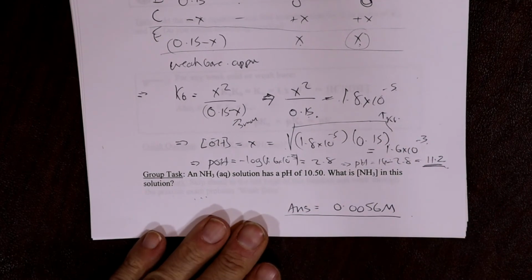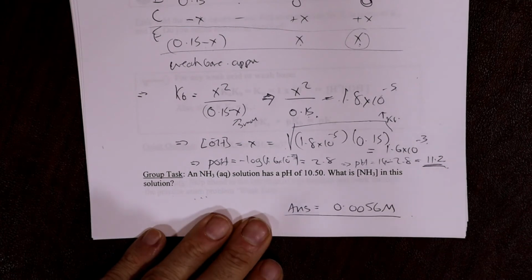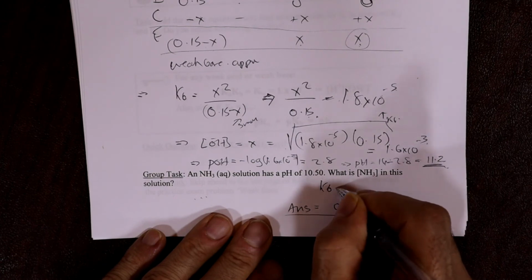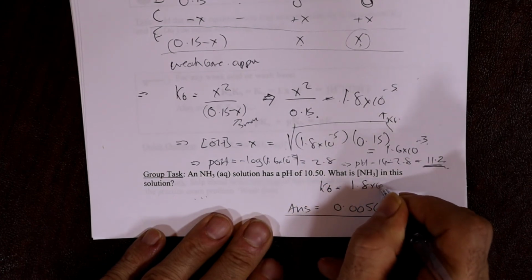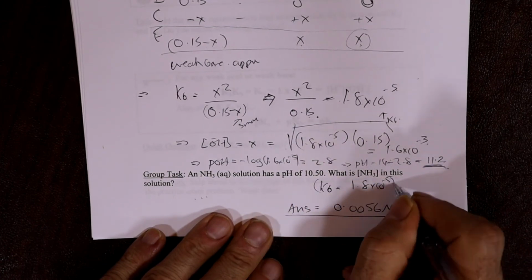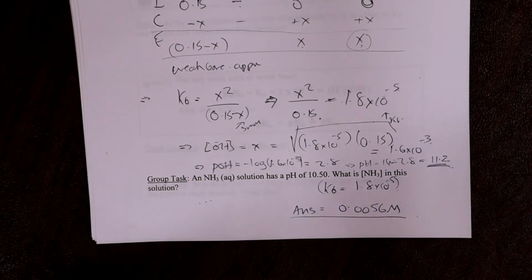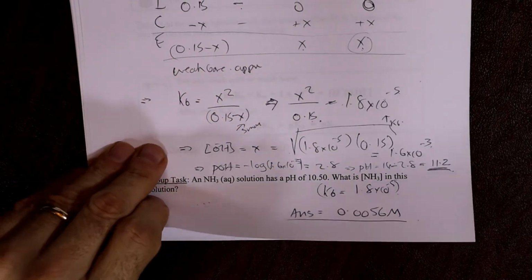Hopefully you get that. If you don't get that, ask a question in the comments area. Kb for ammonia is on the previous page, 1.8 times 10 to the minus 5, you can use that. Okay, so that's the reverse problem. Feel free to confer with each other, ask me questions if you wish.